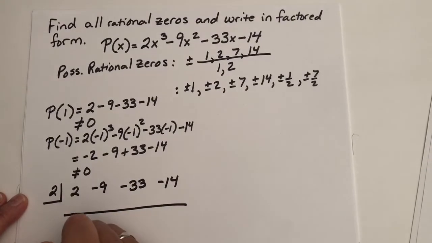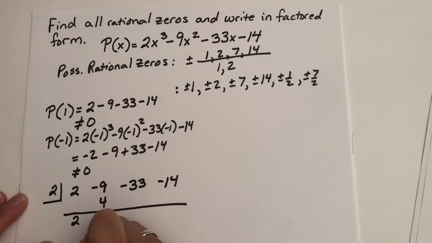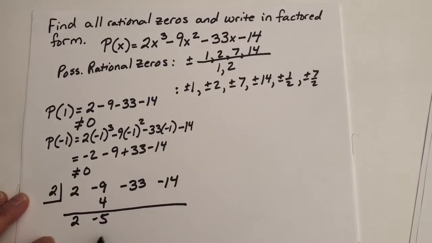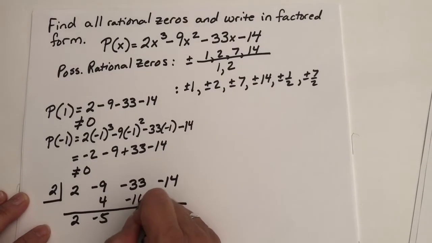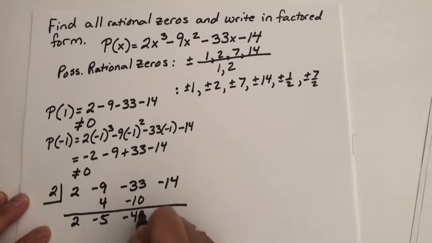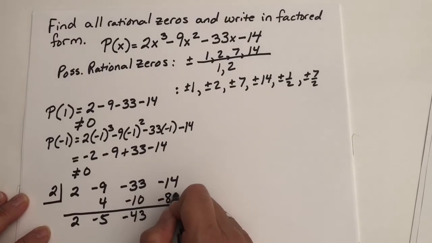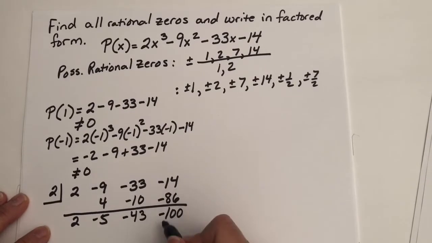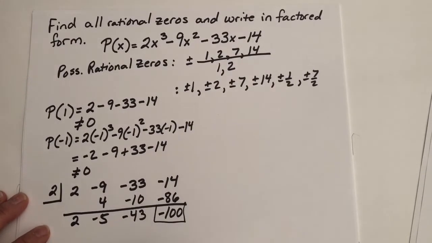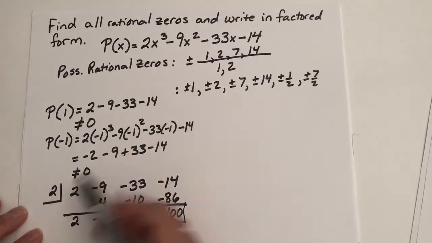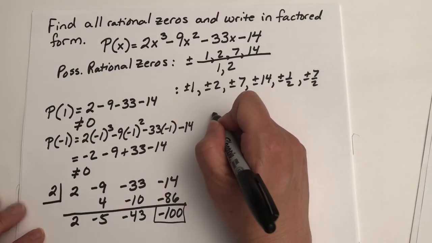Bring down my 2, multiply, and then add, multiply, and then add, multiply, and then add. It's not a 0, right? Because we had a remainder. So sometimes it takes you a little bit of work to get to it. Let's see, where are we now? We've tried 1, -1, 2. Let's try -2.